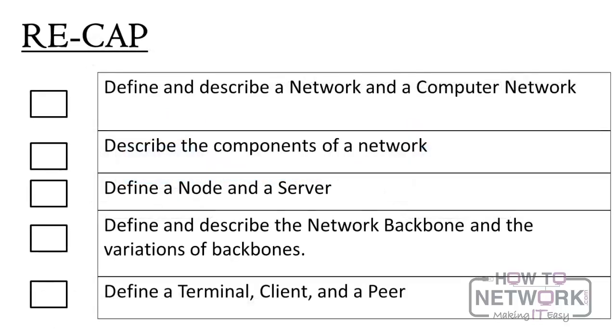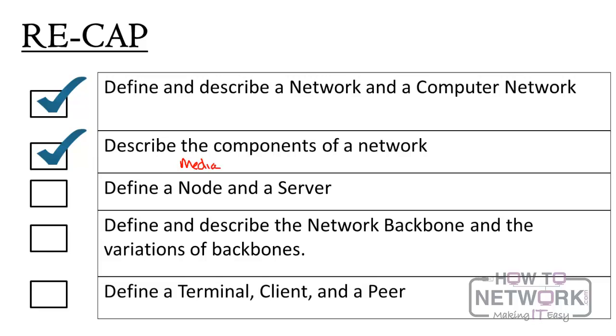All right. So, just to recap what we've talked about, we defined what a network is and how that's slightly different from a computer network, which is really what the Network Plus exam covers. We described the components of the network: the adapter, the network operating system, the devices, the media. Let's go ahead and write those.